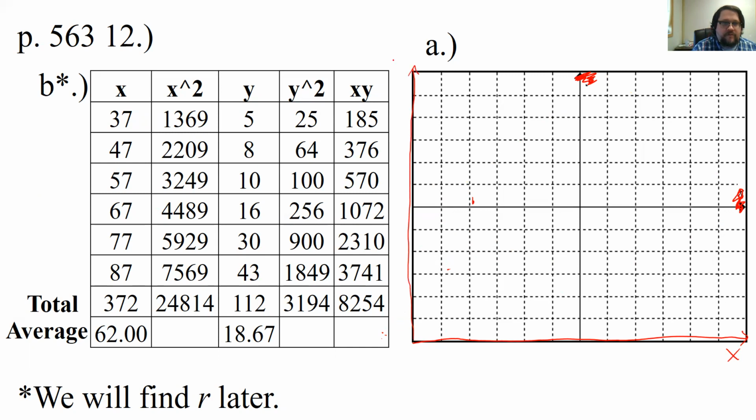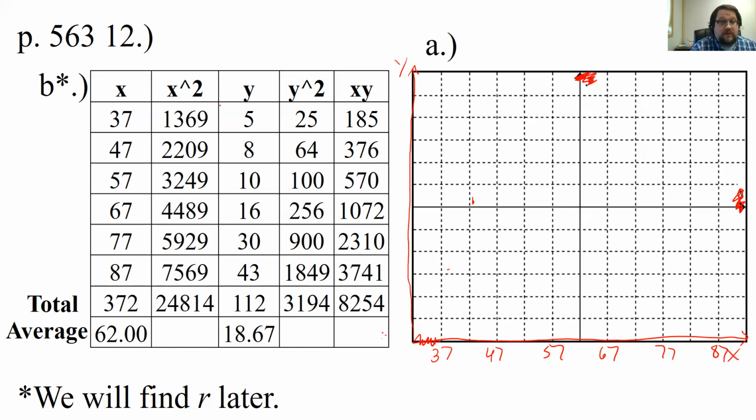Okay, y-axis. Looking at these, I'll put marks just to indicate that this bottom corner is not to scale. And we'll just count by 5. So every line is a 5. So this will be 47, 57, 67, 77, 87. Okay, so that'll work out nice.